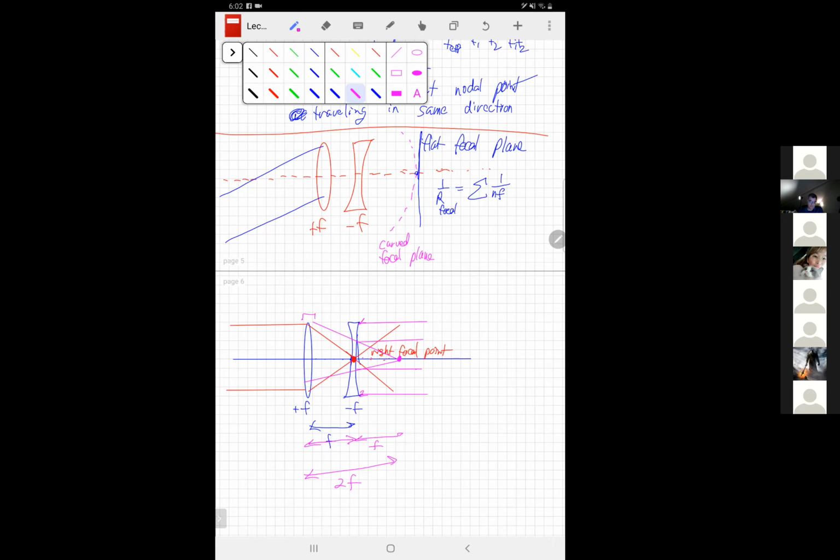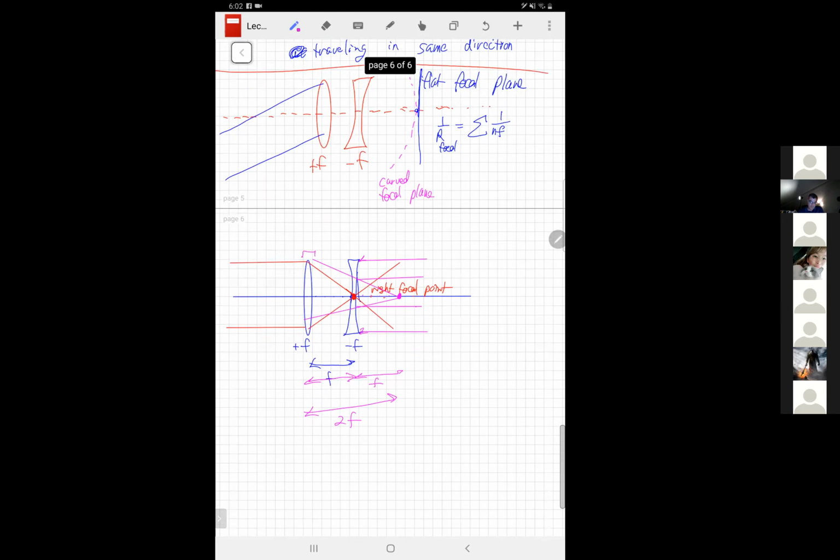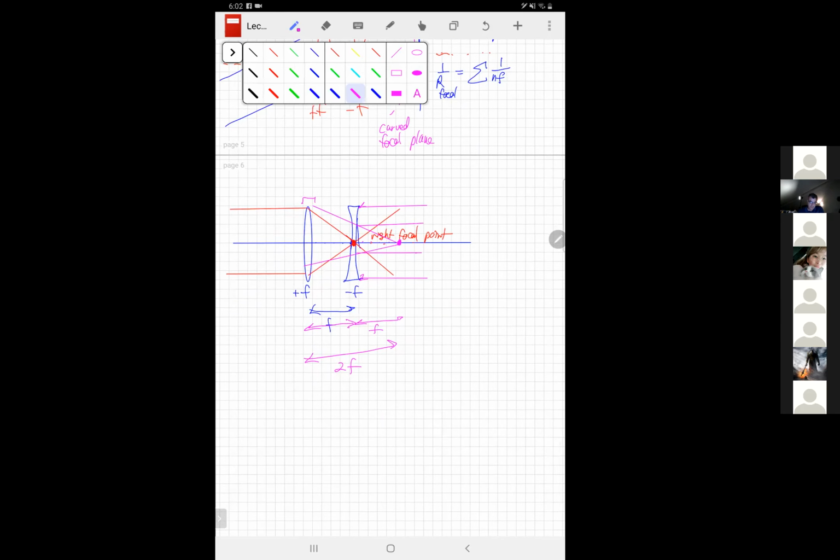Someone other than Justin, I want to hear from the rest of you. If an object is 2 focal lengths away from a lens, where does the image form? I know it's been a long week, but come on, thin lens equation.